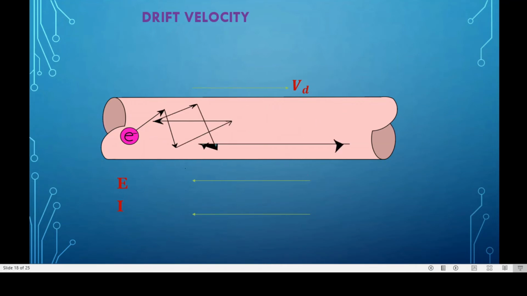The average velocity of the free charges is called the drift velocity. It is denoted by v suffix d, and it is in the direction opposite to the electric field for electrons. The collisions normally transfer energy to the conductor, requiring a constant supply of energy to maintain a steady current.